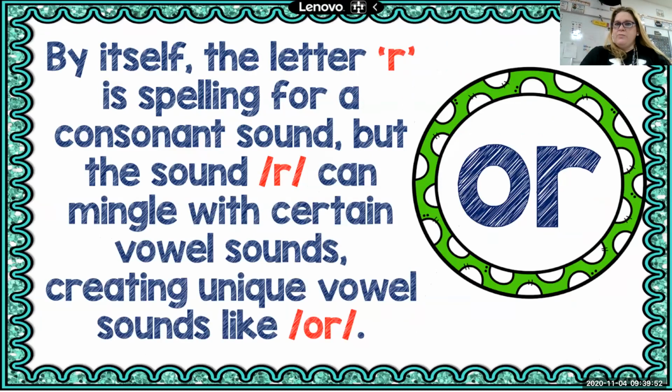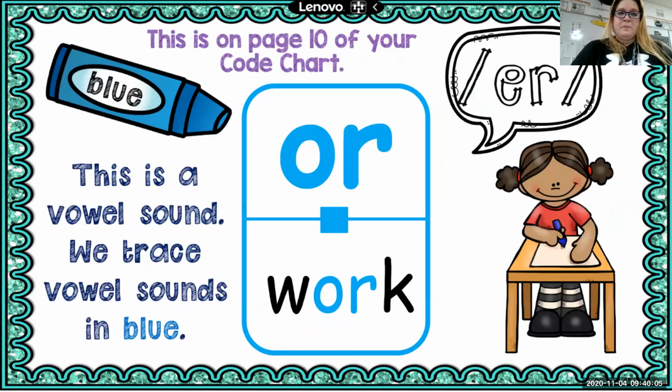So by itself, the letter R is a spelling for a consonant sound, but the sound can mingle with certain vowel sounds, creating unique vowel sounds like or. So let's go back to our chart and we're going to find the sound or. Look at this power bar, guys. This is very small. What does this tell us? That's right.